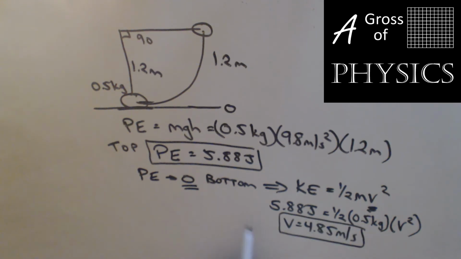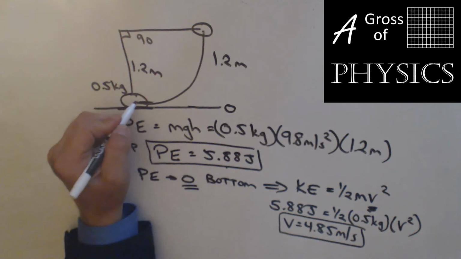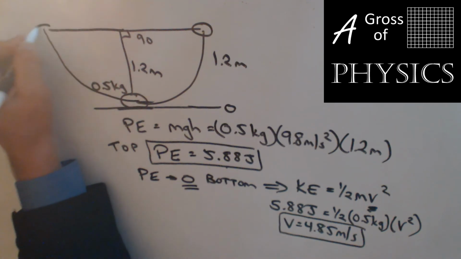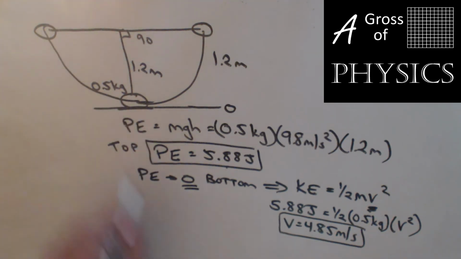Now, what if it's not all the way at the bottom? Well, then some of the potential energy will go into kinetic, but some of the potential energy will be kept. So we're going to look at more complex problems as we go. But for now, if we go from all to nothing, then all the potential energy is going to turn into kinetic. And if we were at the bottom, and now we go back to the top on the other side, over here, then all of that's going to turn back into potential energy.